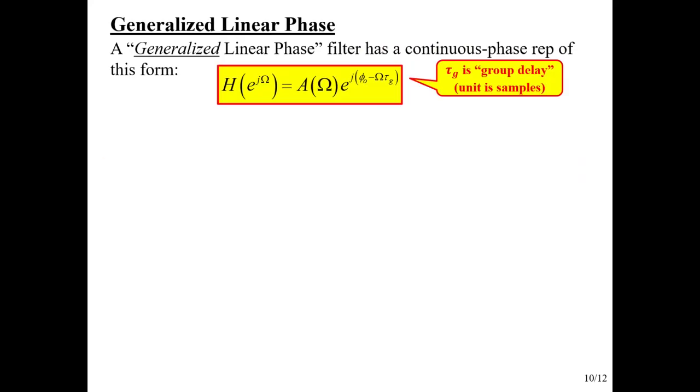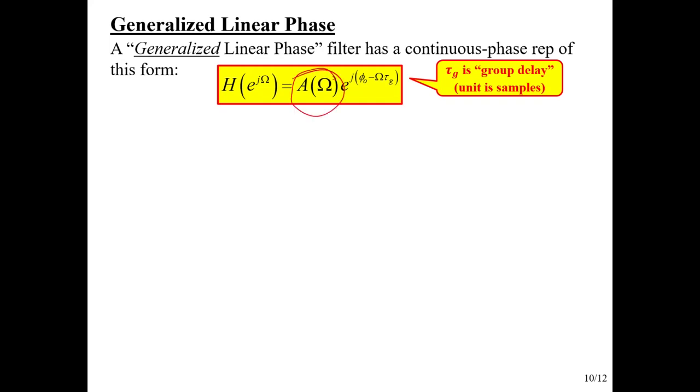Now let's talk about a generalized linear phase filter. So we had linear phase filter, and remember the continuous phase representation had a phase that had a constant slope and an intercept of 0. So now we're going to generalize this, and we can see already what we're doing.